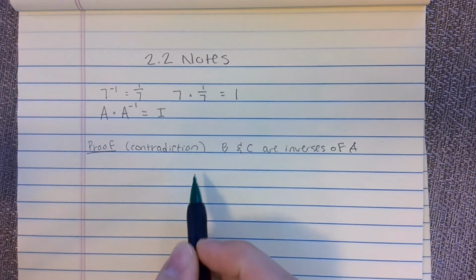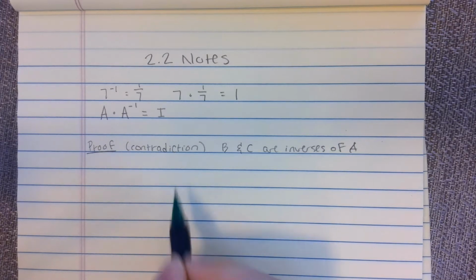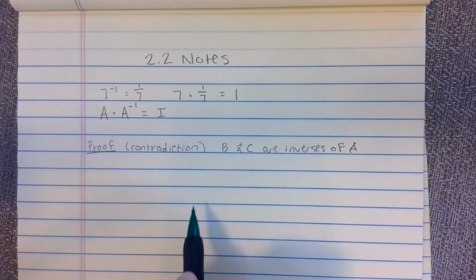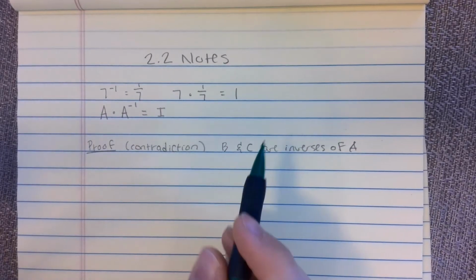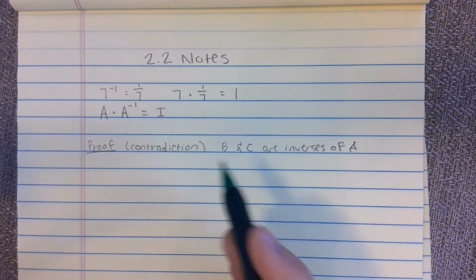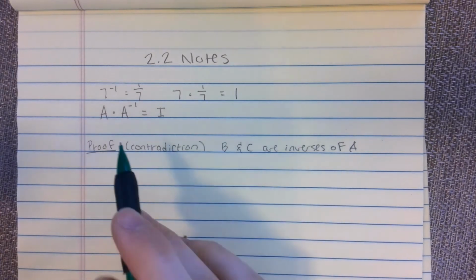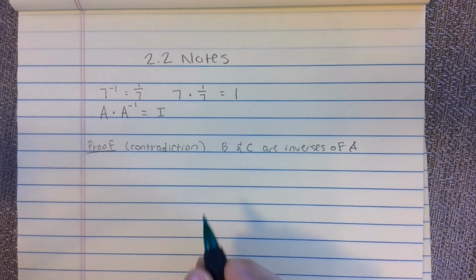And because I did rigorous algebra or some other kind of mathematical process to get there, it must lead all the way back to say this statement that I first wrote down is actually the one that's not true. And then, if this is not true, then B or C must be unique inverses of A.